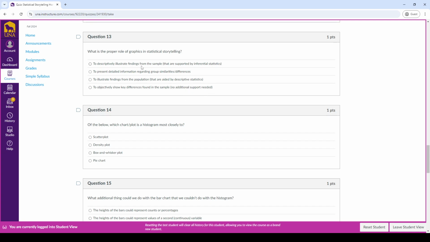And then no additional support needed. Well, graphics really should be supported by inferential statistics because, again, there's questions that often come up with graphics. And so if you're illustrating something, you should have the support that the effect that you're illustrating actually exists, or the lack of effect actually does not exist.